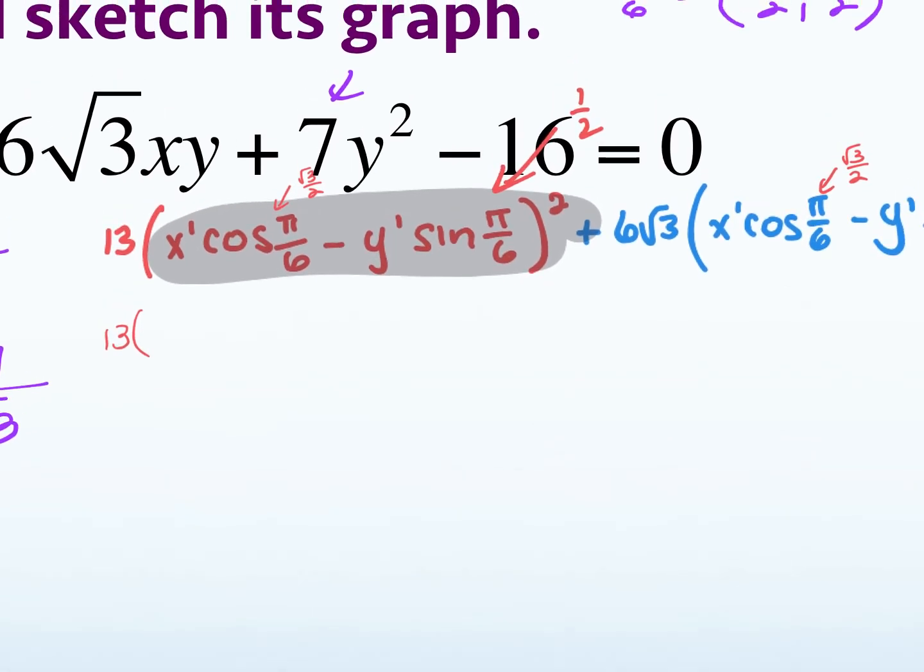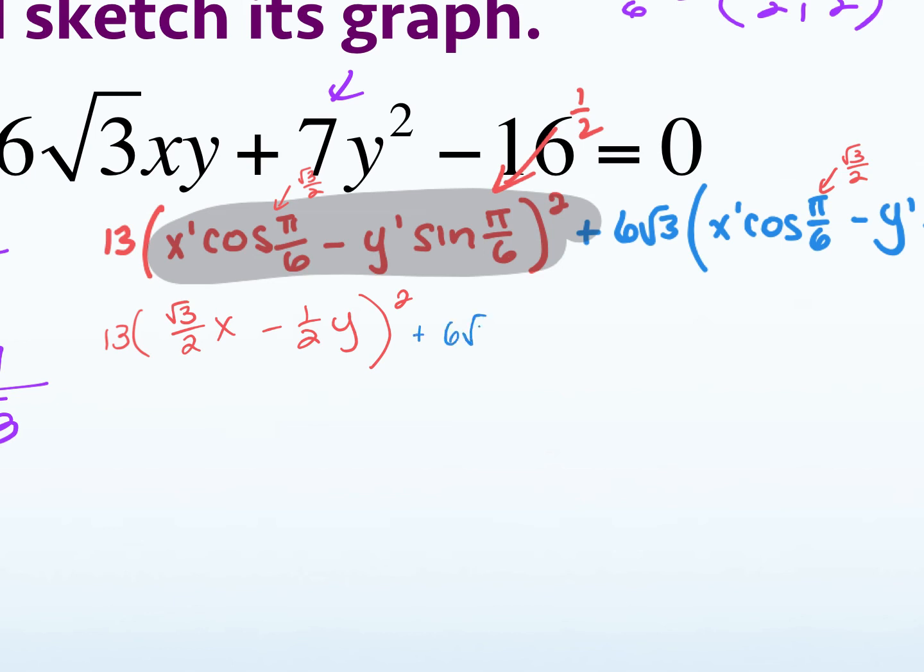And then I'm going to put the variable after the value. So I'm going to do root 3 over 2 x minus 1/2 y. Again, I am losing the primes now, but I'm going to bring them back.